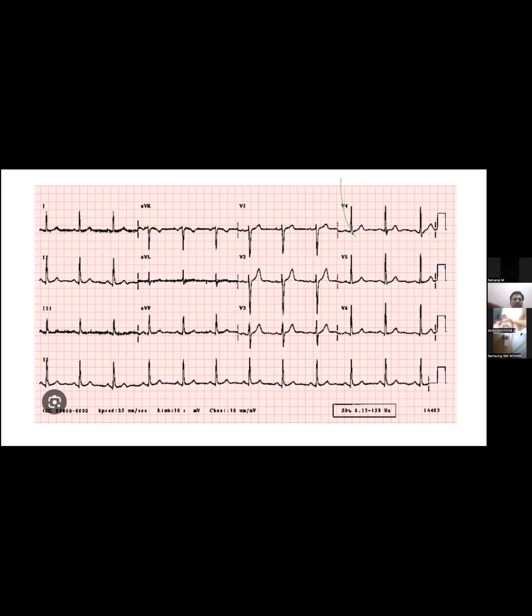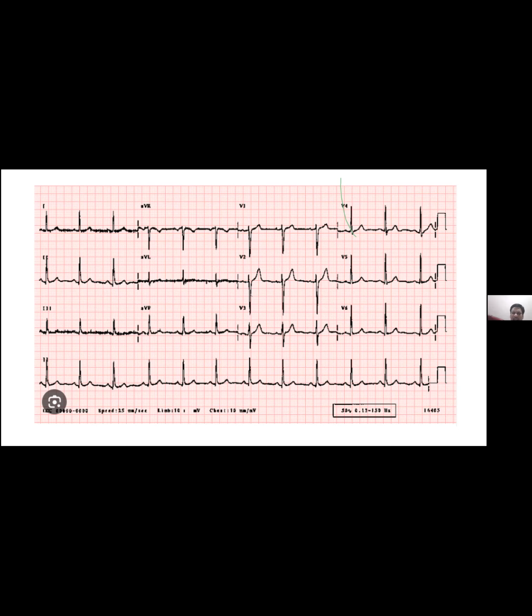If you want to use the small squares, 1 big square has 5 small squares: 5, 10, 20, 25, 26. So 1500 divided by 26 is approximately 75 to 80. So this is how you have to calculate the rate.